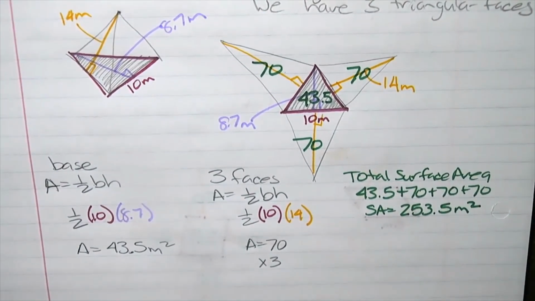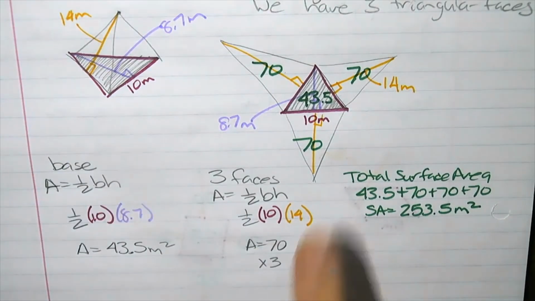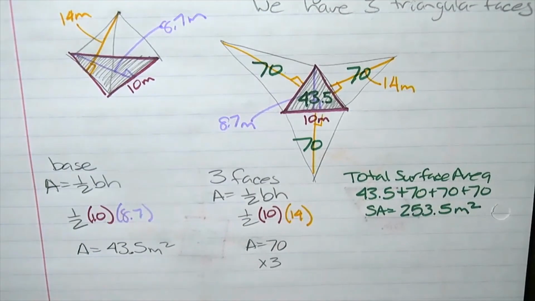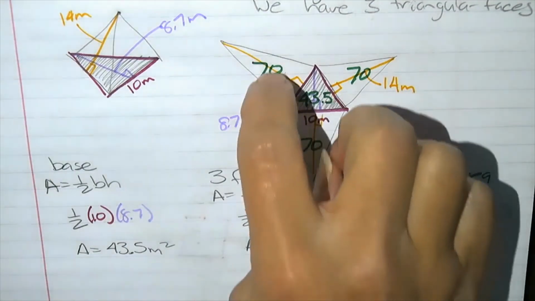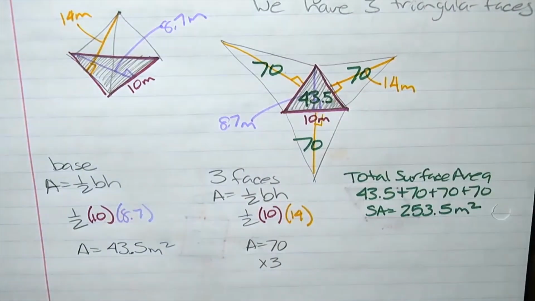So once again, we're taking this 3D figure and we're unfolding it into a composite figure. Then we need to figure out the area of each shape and add them together. So that's what we're doing today.